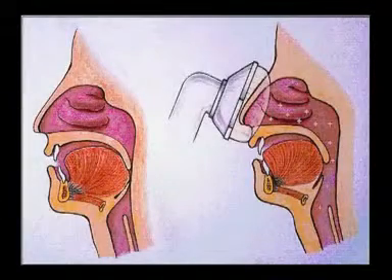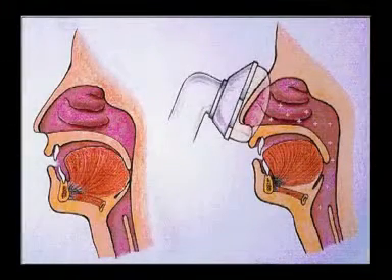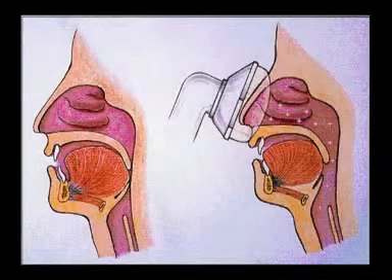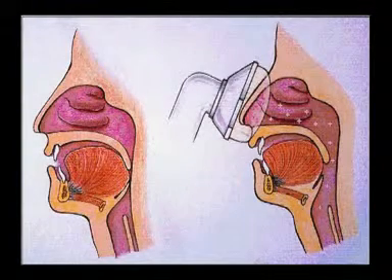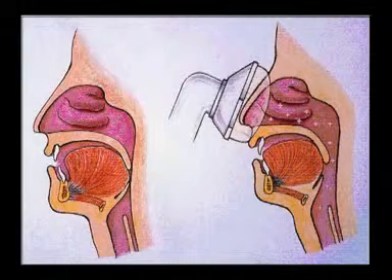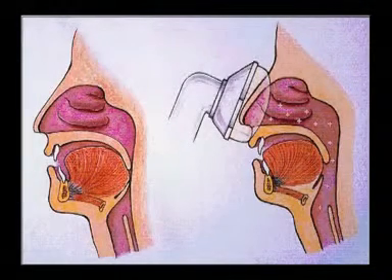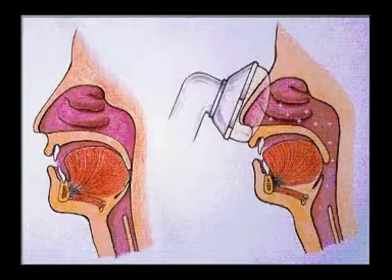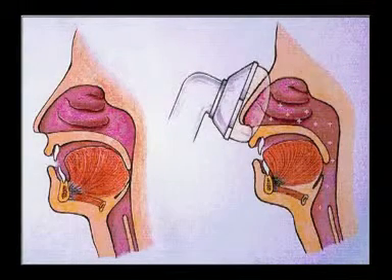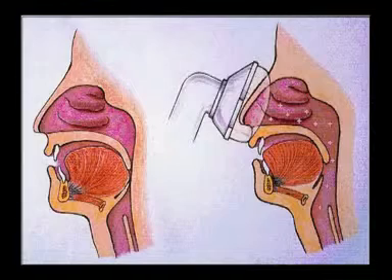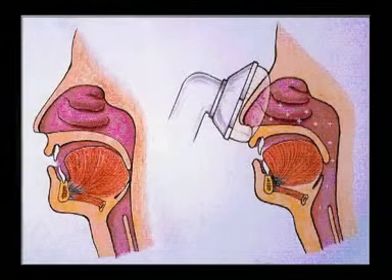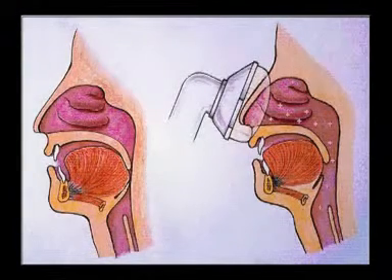Now the machine doesn't breathe for you, it doesn't provide oxygen, it simply pumps room air at a pressure high enough to keep the airway open, and that allows airflow to continue throughout the night and comfortable breathing to be achieved. This method is by far the most successful way to treat sleep apnea. In the process, it also overcomes snoring.